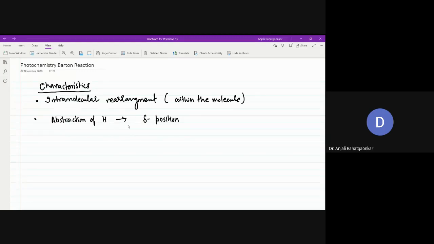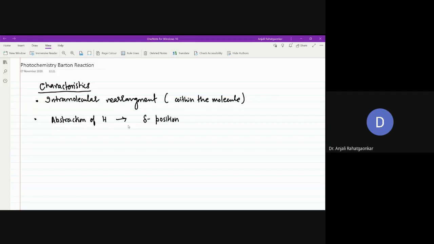Then we have also seen the photo-Fries migration, the photochemistry of enones, the photochemistry of cyclodienones, etc. These are the various name reactions we have seen in the last few lectures, and we have also discussed the various substrates or starting materials.